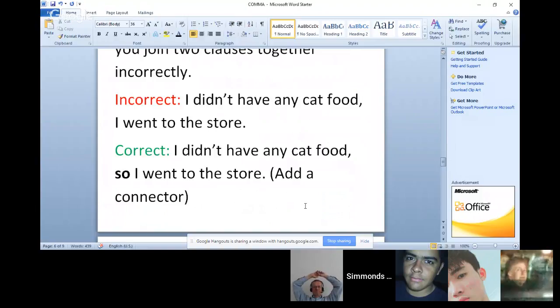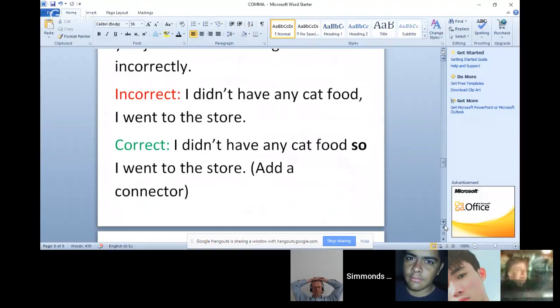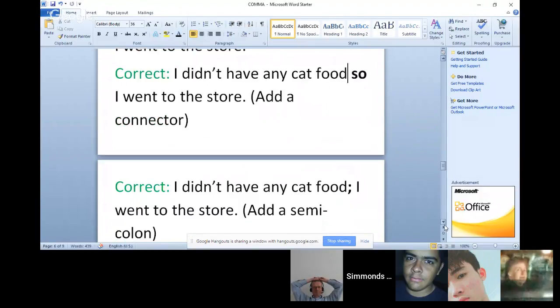Right. And then I have so here. Again, normally you wouldn't use these before, so now I'm even questioning this. I didn't have any cat food, so I went to the store. We actually don't even need a comma because we have the connector. So that's what I would do here. All right, good. In the correct case, there are two sentences.